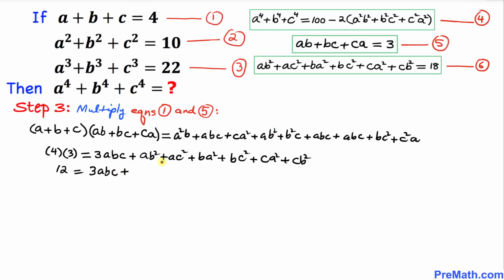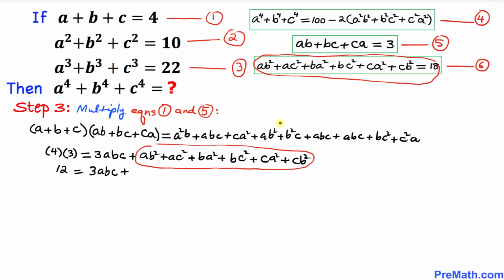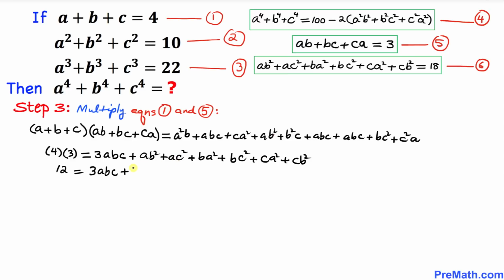And over here, this whole thing, all this stuff is same as equation number 6, which is equal to 18. So we can replace this one by 18. Now let's move 18 on the left hand side.